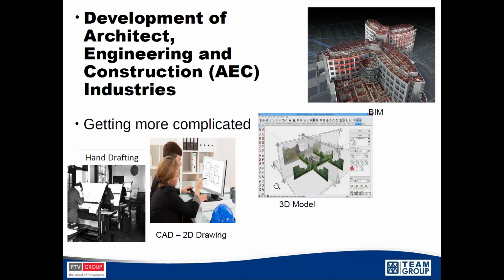And some recent years, you might heard about making 3D model like SketchUp. You can create 3D building, but it's not really accurate in engineering term. So the 4th generation is a BIM generation, which contains a 3D model plus very accurate engineering information inside.